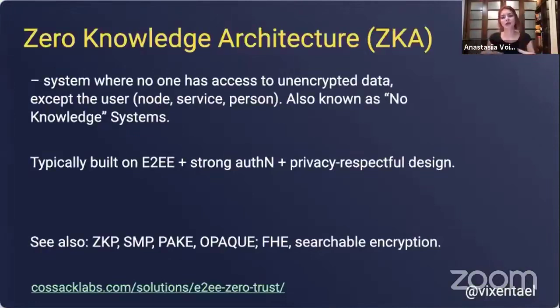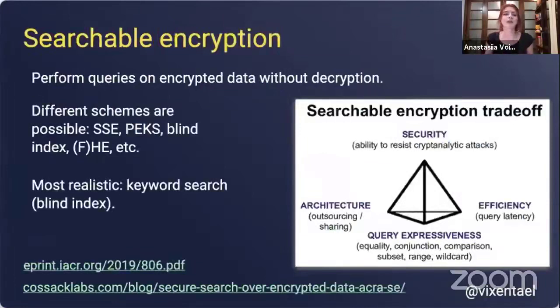So there are already a set of protocols that allow you to build systems that operate on encrypted data without having access to plain text. Of course, it comes with cost.